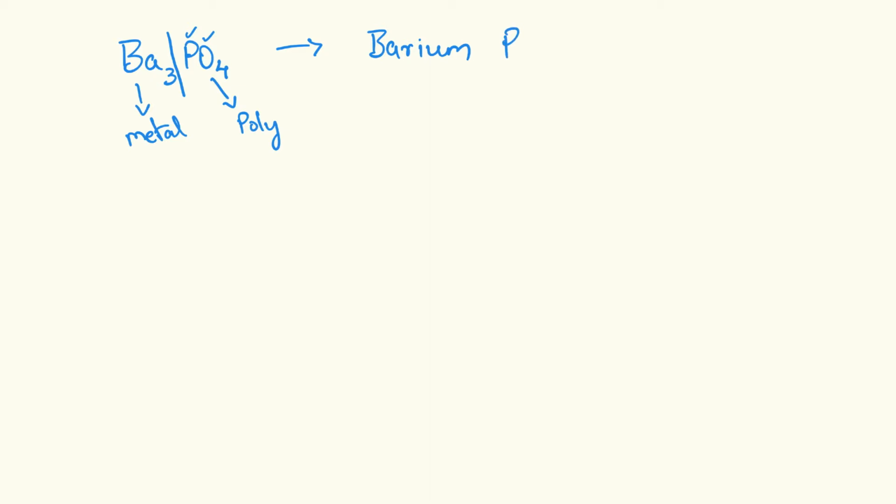And when you do that, you will find out that PO4 is phosphate. And that's all. So Ba3PO4 is called barium phosphate. Just to make sure that you understand this correctly, I'm going to give you one more formula and see if you can write down the name of this formula on your own.